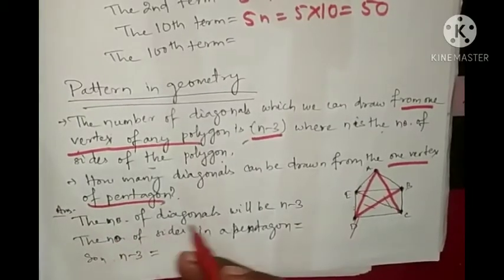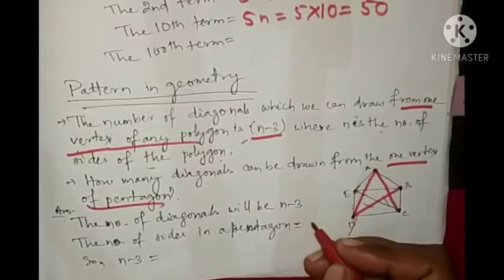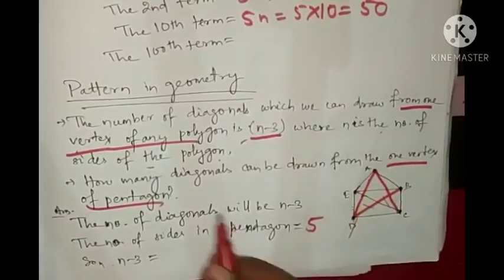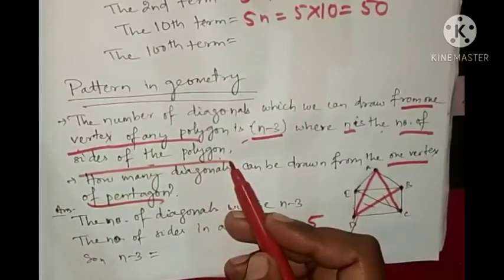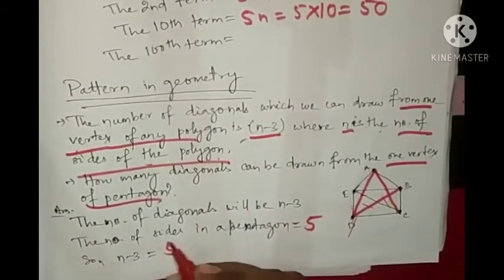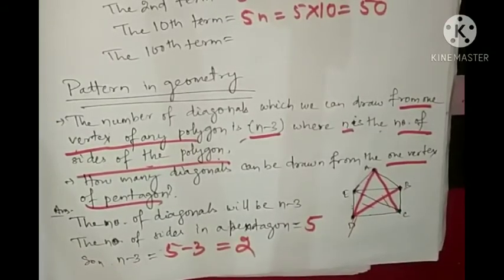The number of diagonals will be n minus 3. The number of sides of a pentagon is 5, so n equals 5. n minus 3 equals 5 minus 3, which is 2. So from one vertex we can draw 2 diagonals.